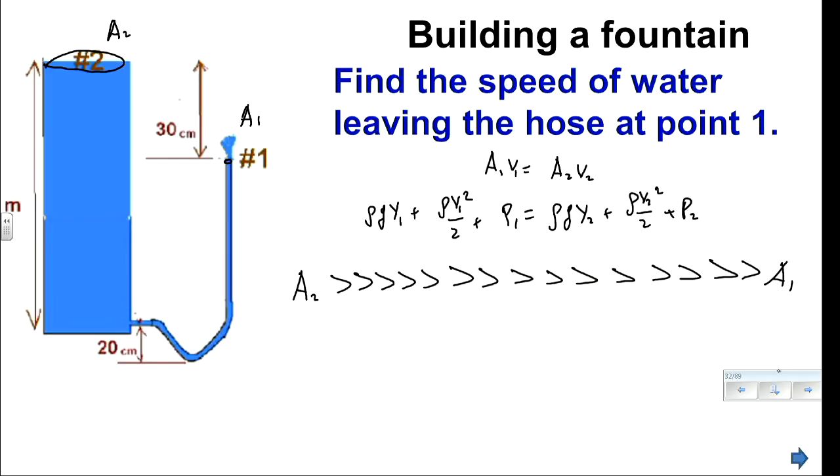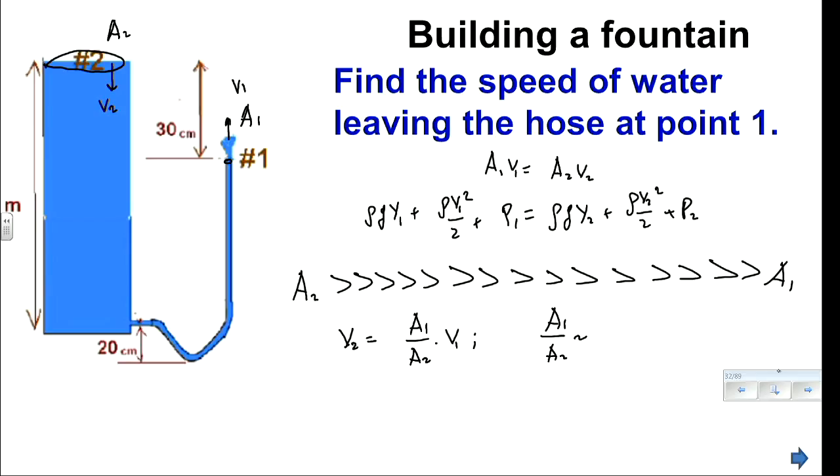It matters, it's important, because this tells us something about speed at the top, V2. V2 should be equal to A1 over A2 times V1. So this speed, V1, natural speed, well, maybe meters per second, whatever, but still, this ratio, A1 over A2, we can actually make an estimation.